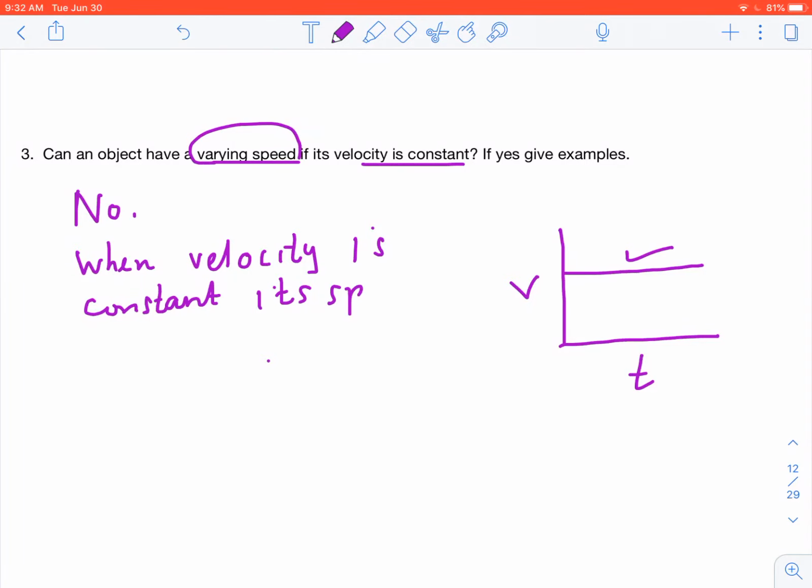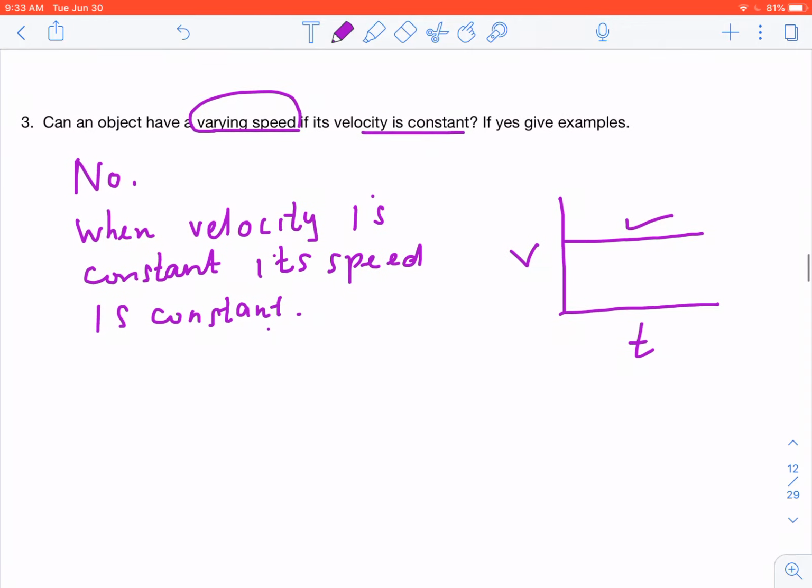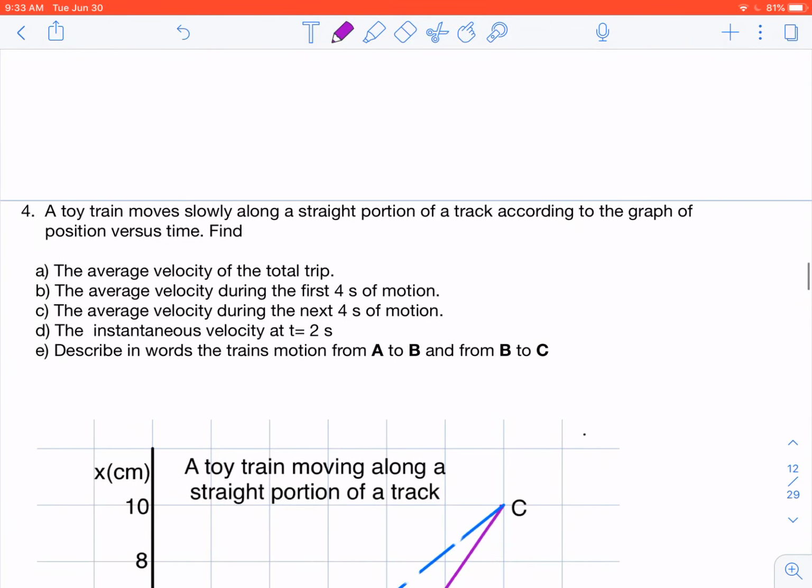And in this case, the direction of the velocity is also constant. So when velocity is constant, its speed is constant. Let's go on to the next one.